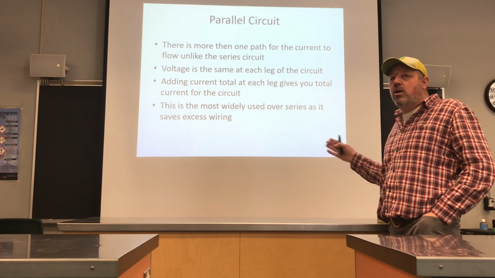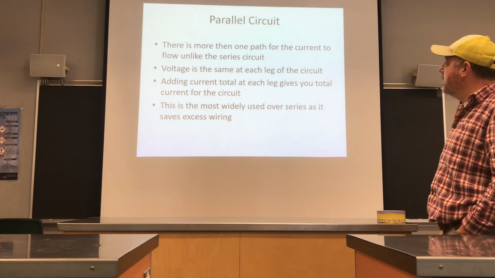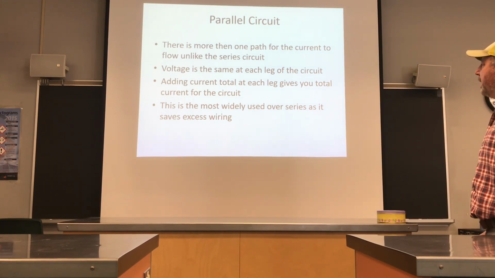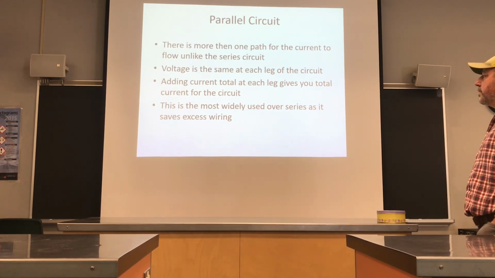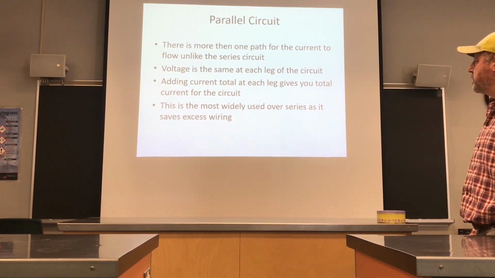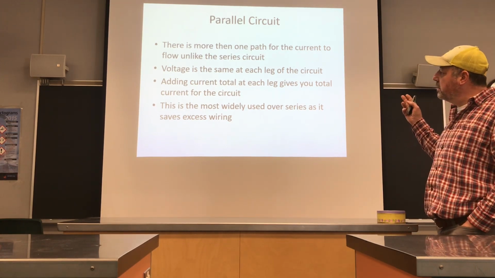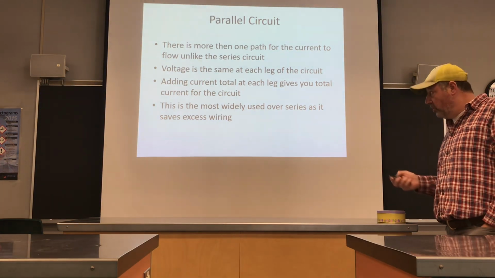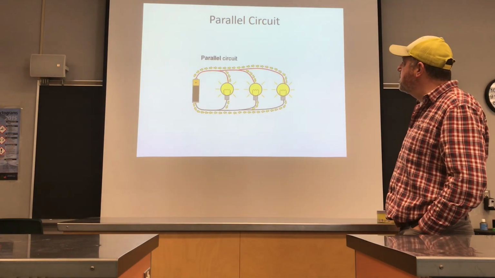It's equal at all three light bulbs or resistors. Adding current total at each leg gives you the total current of the whole circuit. This is the most widely used for us over series, as it uses less wiring. We don't need as much wiring when we do stuff in parallel as opposed to series.